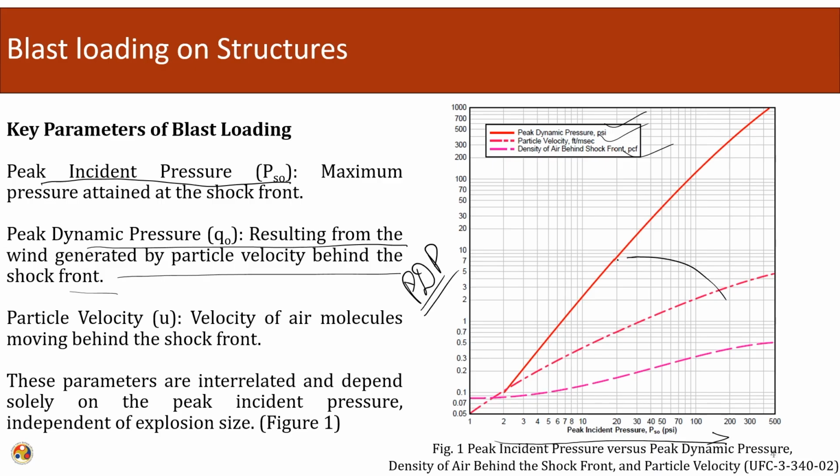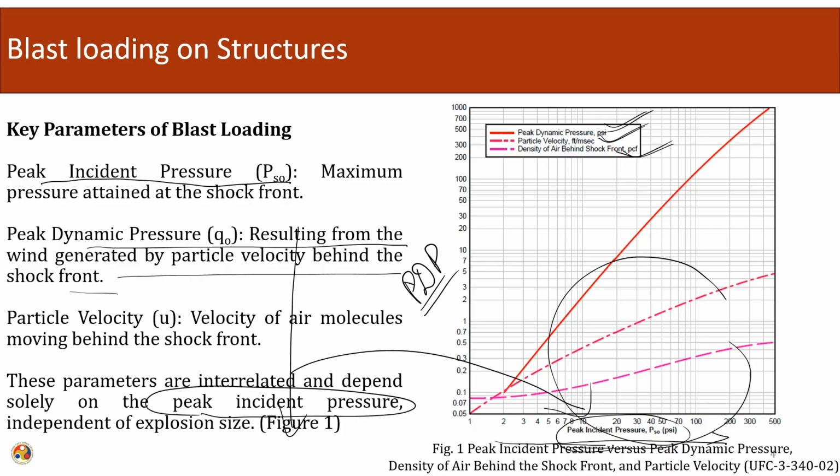Okay. What this graph is basically doing is that depending upon the peak incident pressure, we are able to calculate the peak dynamic pressure, peak velocity and density of air behind the shock front. Okay. So, all these quantities we can calculate using the peak incident pressure. Okay. So, particle velocity is the velocity of the air molecules moving behind the shock front. Okay. So, these parameters are interrelated and depend solely on the peak incident pressure.